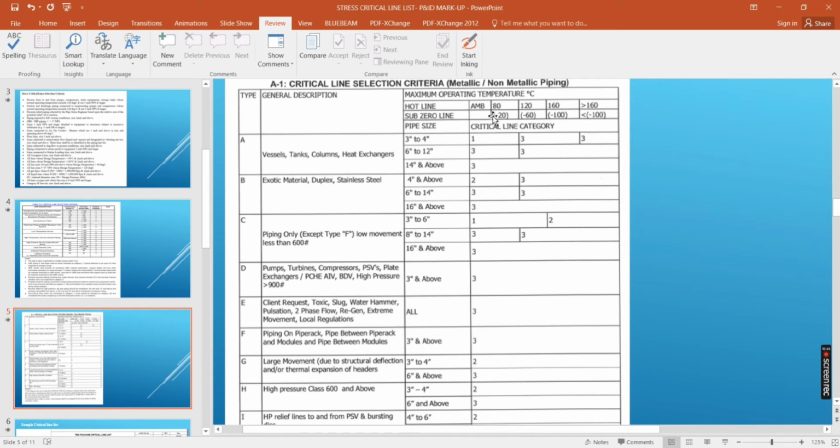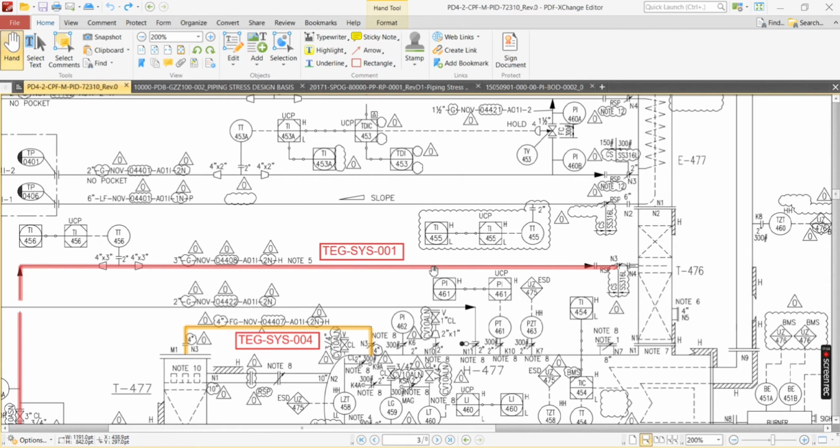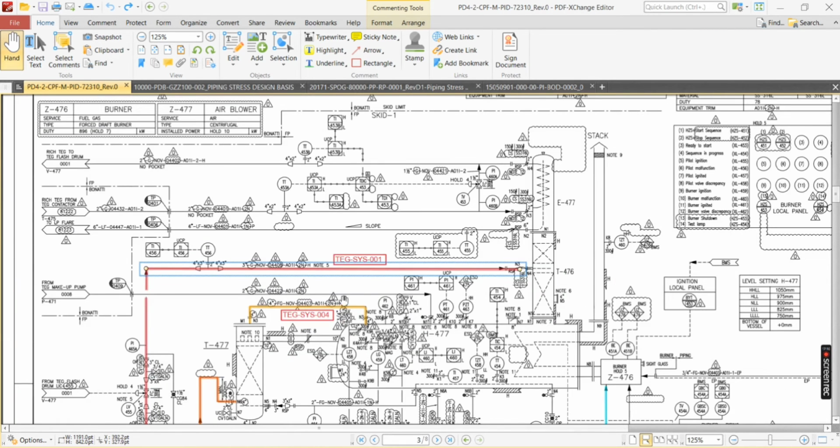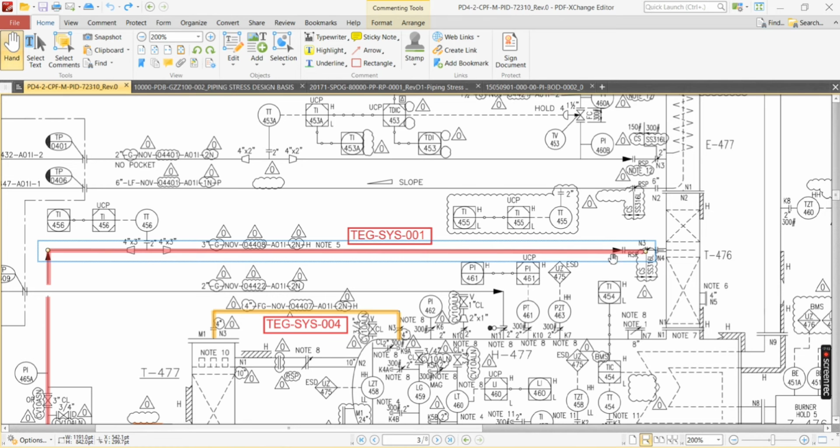Category 3 is critical. So below 80 degrees and line size 3 to 4 inch means that is non-critical. They have not considered any 2 inch line. They considered from 3 inch lines only. So it comes under category 3 and we need to highlight this one, 04408.